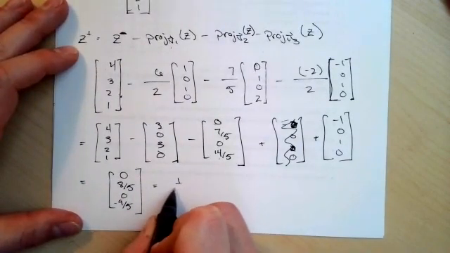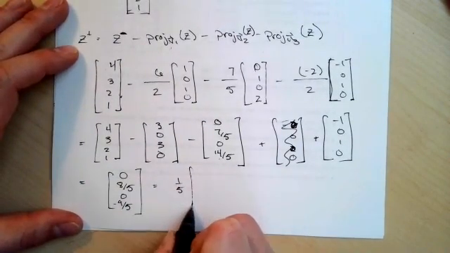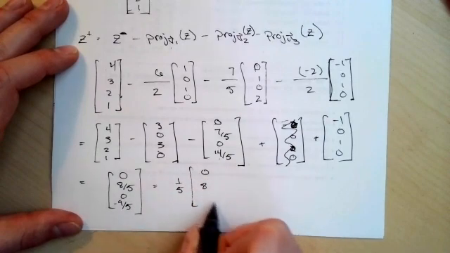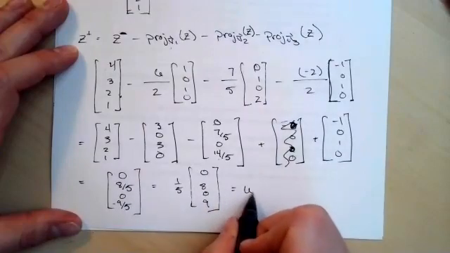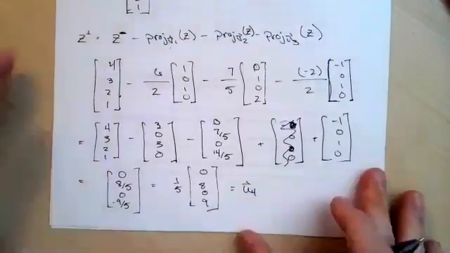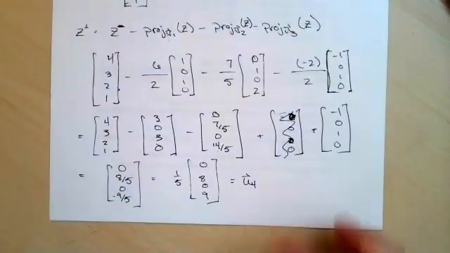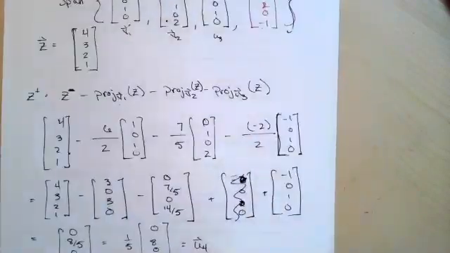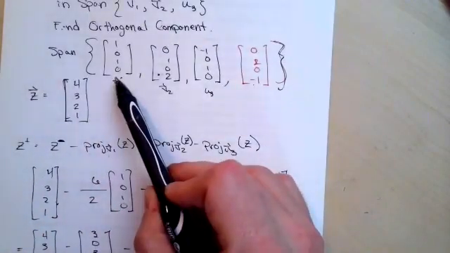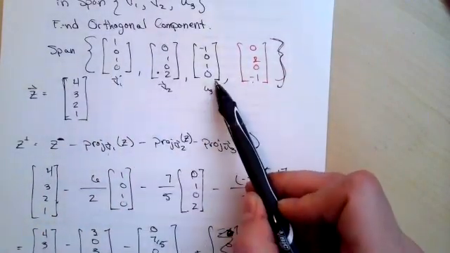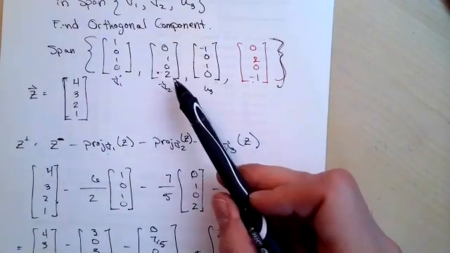And let's write it as 1/5, 0, 8, 0, 9. I don't know if that's going to work. We might have done some computations wrong somewhere, because we want this guy to be orthogonal to everything. So it's going to be orthogonal to V1, and orthogonal to U3. The question is V2.